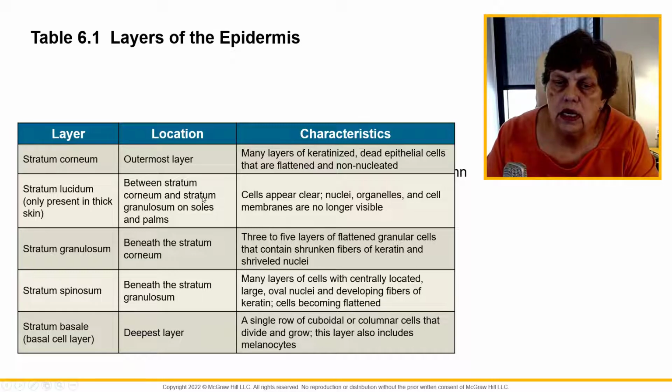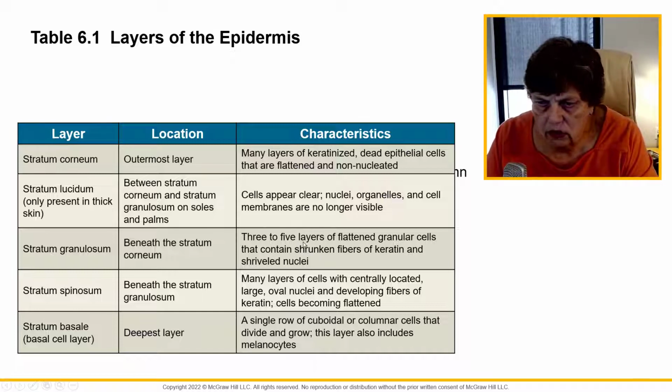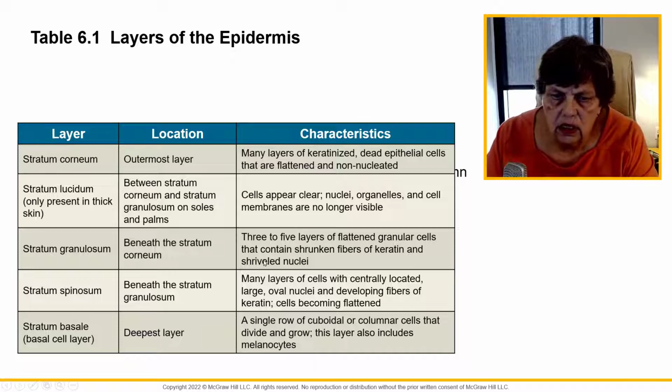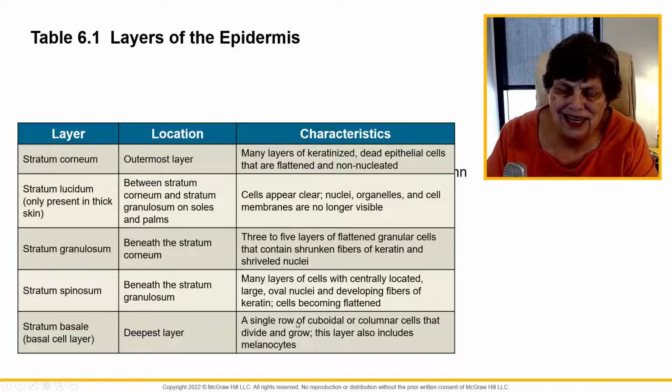And you can see that they change a little bit in characteristic. The granulosum is about 3 to 5 layers thick. The spinosum has little spicules, and that's why it's called the spinosum. And then we finally end up with the stratum basale, which is a single row of cuboidal or columnar cells, and that is your dividing layer.